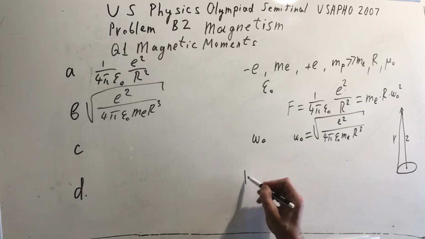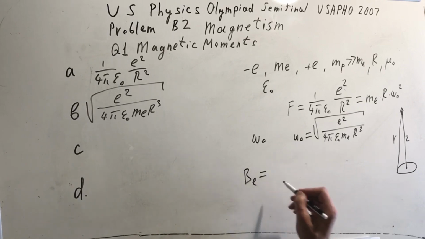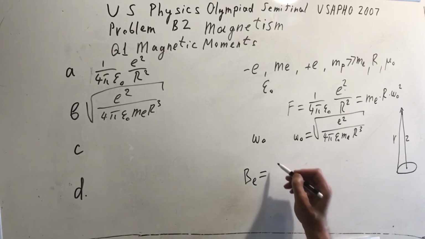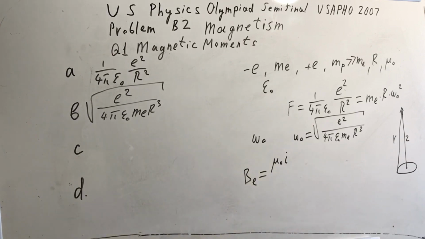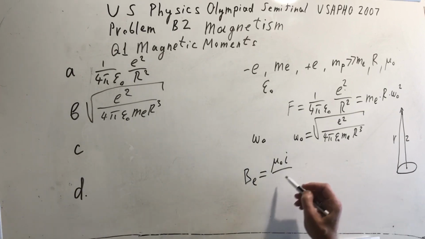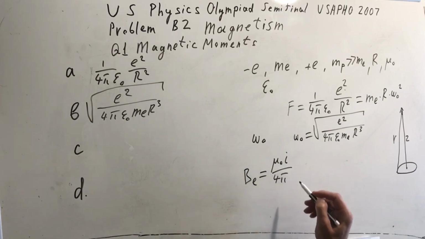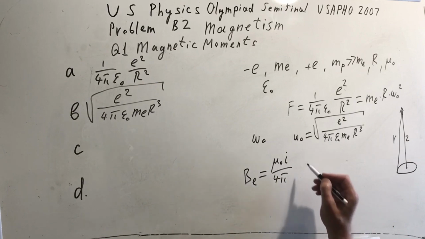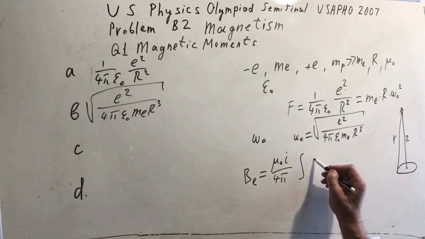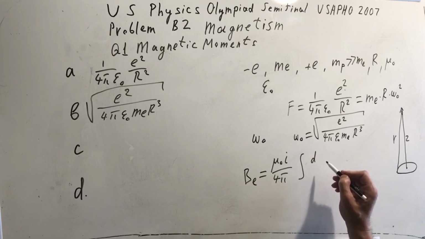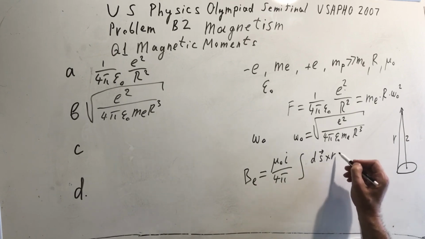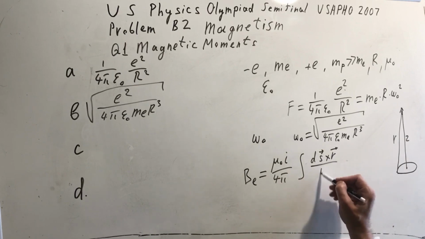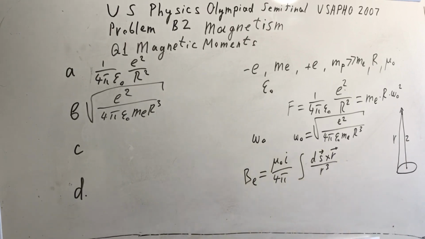B, the magnetic field, equals mu0 current by contour over 4 pi, and here we have the integral of ds cross product with r over r cube, and this integral is over the whole circuit.